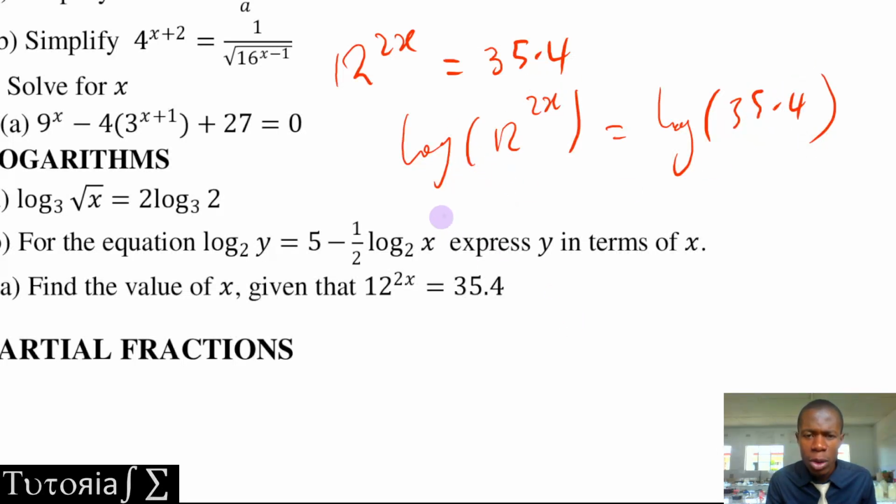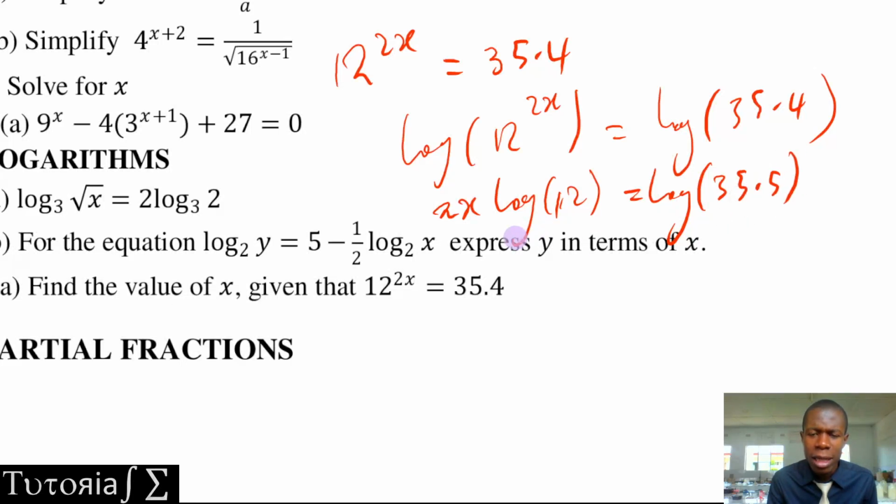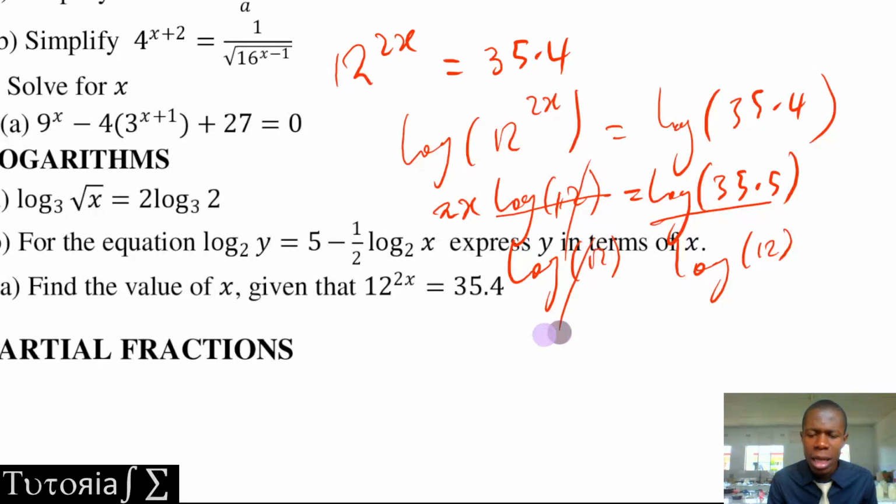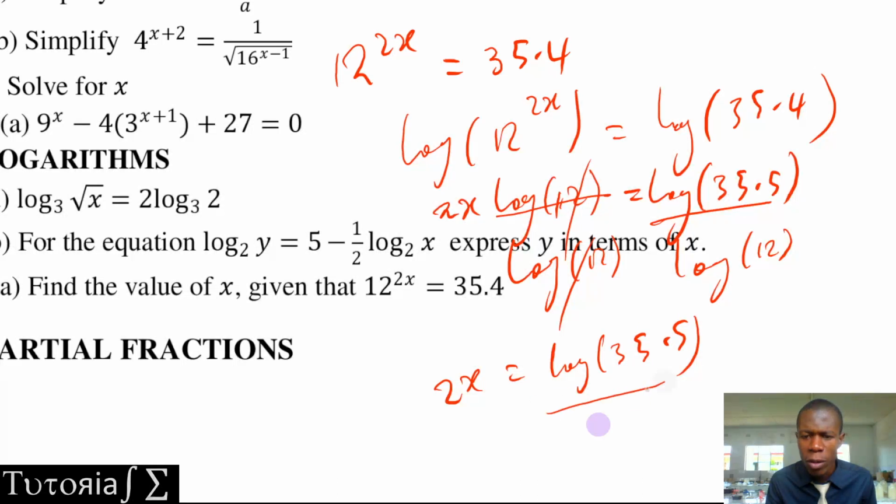So it will become 2x log of 12 equal to log of 35.5, and dividing both sides, we are going to have log of 12 here and log of 12 there. Simply cancelling, then we have 2x equal to log of 35.5 divided by log of 12.